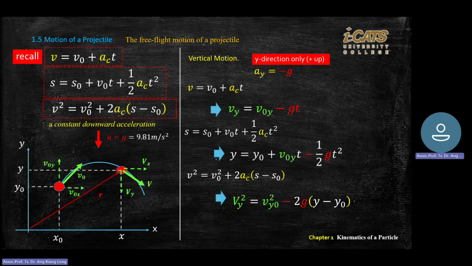So we have derived the sixth equation to solve projectile questions, originally from these three equations. For the x direction, your acceleration x is 0. For the second set of equations, your g is negative g because the direction is going down.